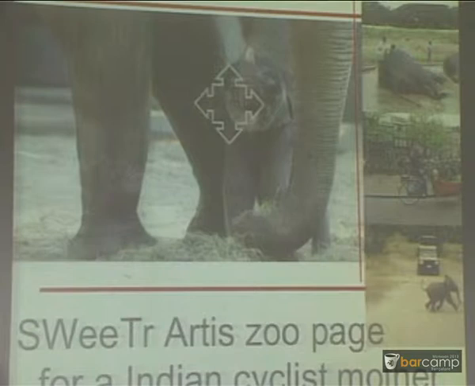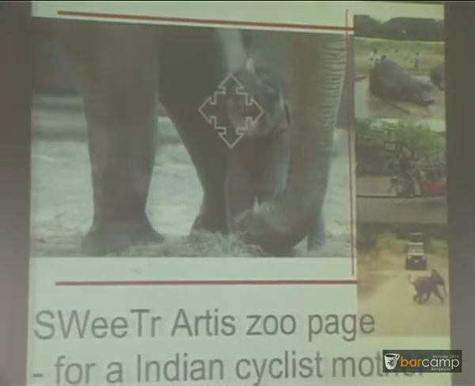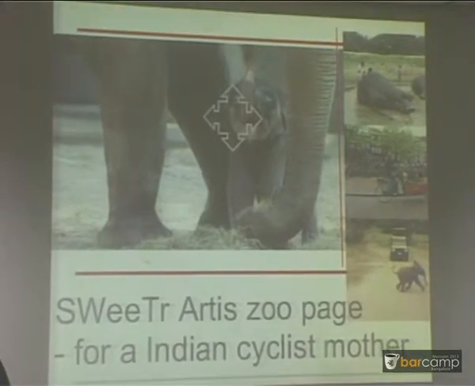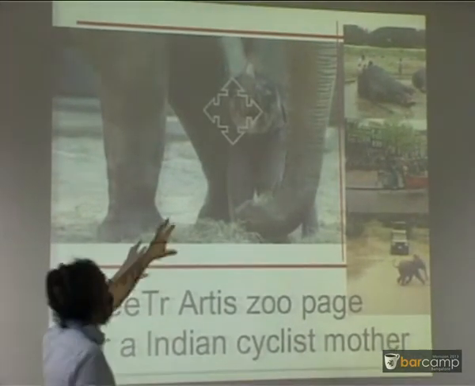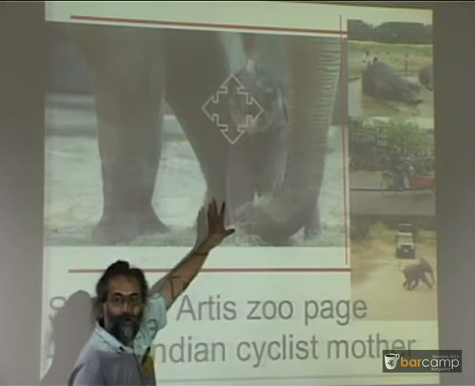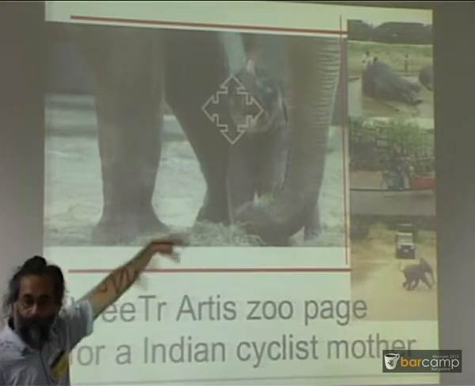And now the third person who comes visiting the page is an Indian cyclist mother, the profile of the person who's browsing. Yeah, and they're kind of interested in the conversations or like the walk on the zoo.